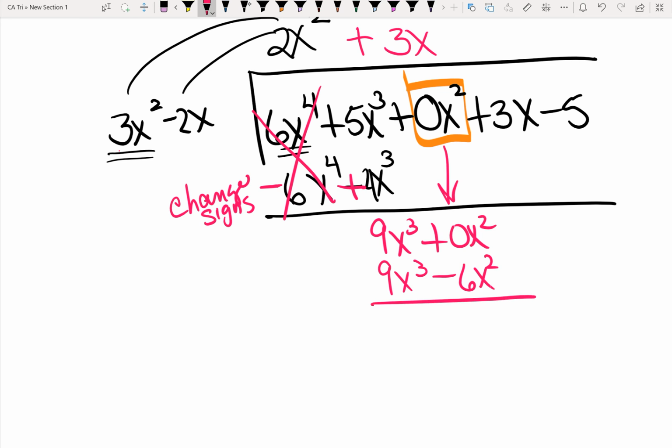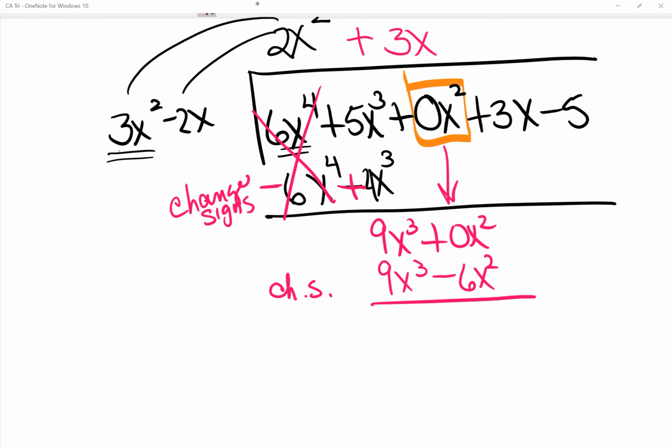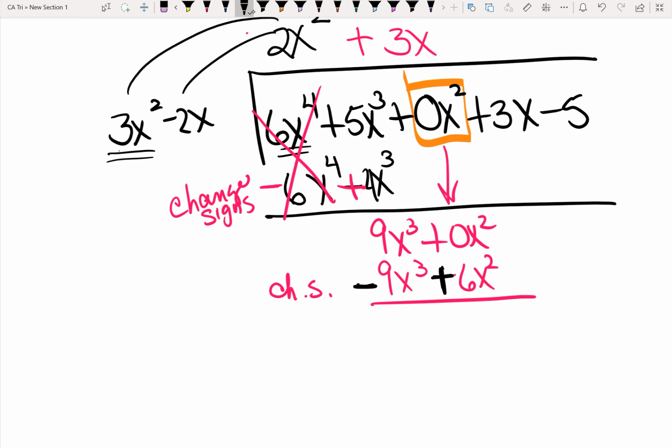And again, at this step, we change the signs. At this point, I'm just going to do abbreviations because it's a lot. Alright, so what happens is this cancels to a negative, this changes to a positive, so this all cancels away. And this leaves us with positive 6x squared. Now we drop the 3x.